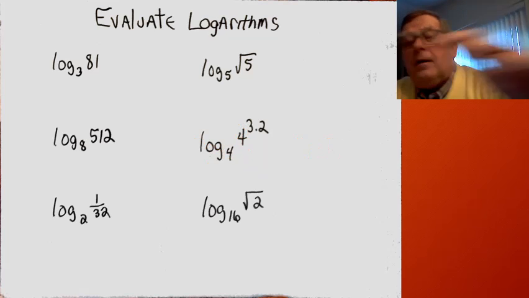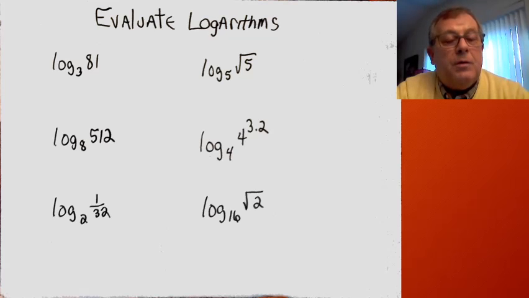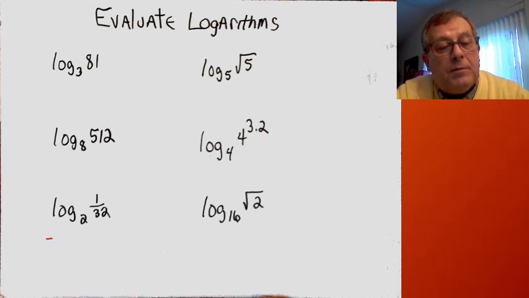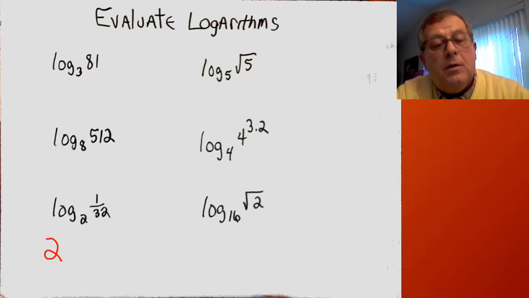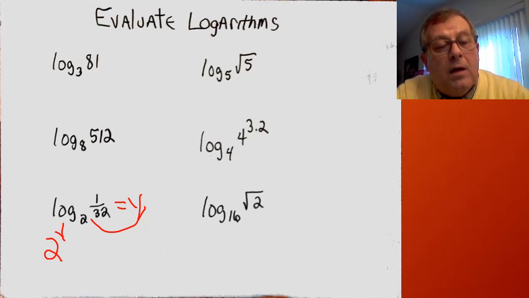Okay. Now we got log base 2 of 1/32. Okay, so again, we're going to have to lean on our knowledge of exponents because really what I'm saying is I got 2 raised to the power of y is equal to 1/32.